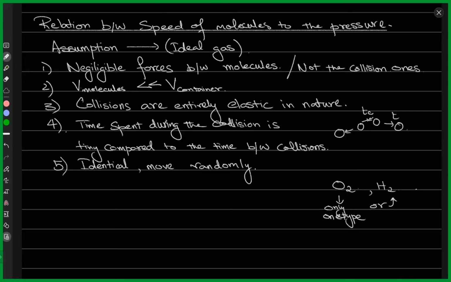It's clear? Sir, only oxygen and hydrogen? No, there can be more. What I'm saying is that, of course, there are so many gases, right? We have helium, we have argon, we have so many gases.